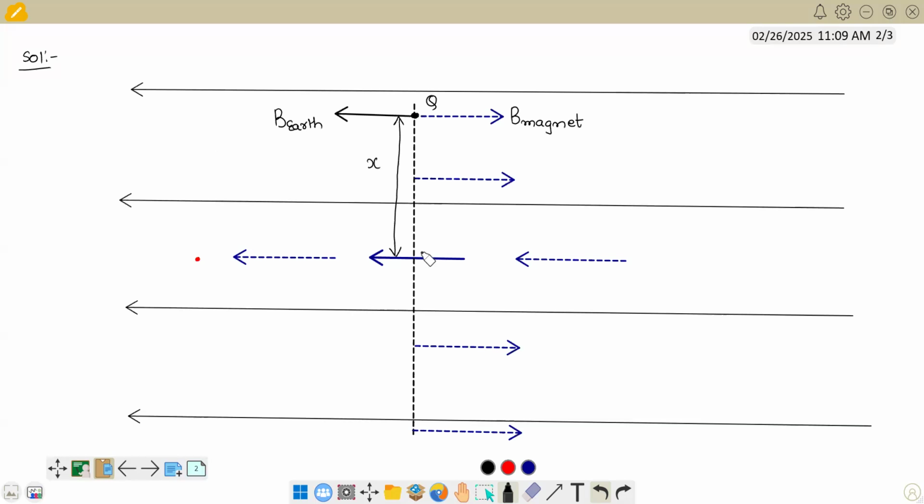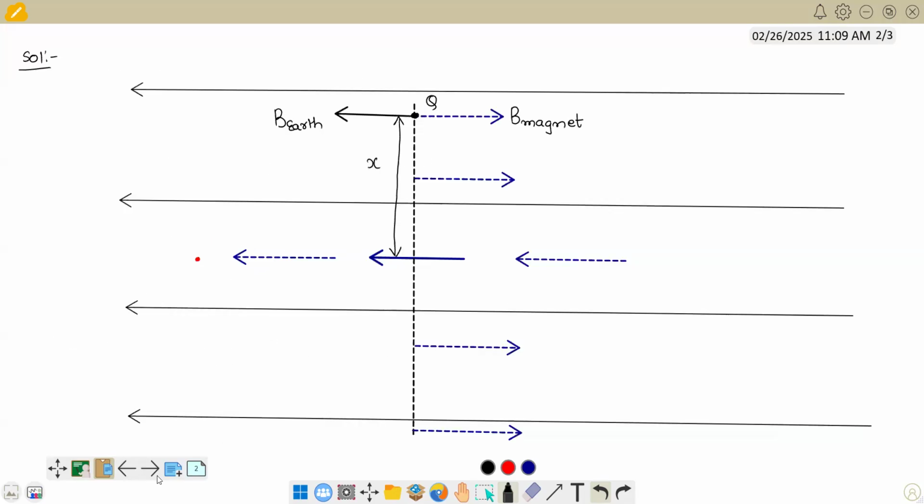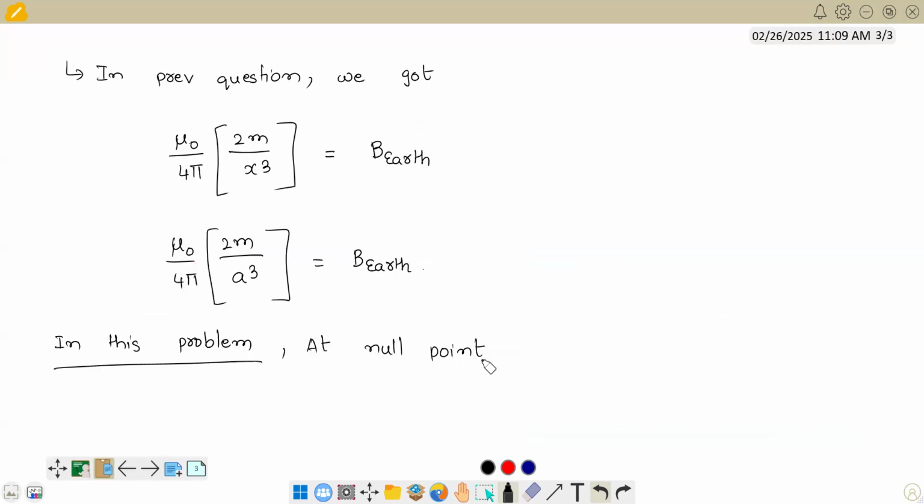Now we have rotated our bar magnet by 180 degree. Let me call this new position as x2. So in this problem, at null point, on equatorial line. Remember, we cannot get null point on the axial line. We can only get null point on the equatorial line once we rotate it by 180 degree.